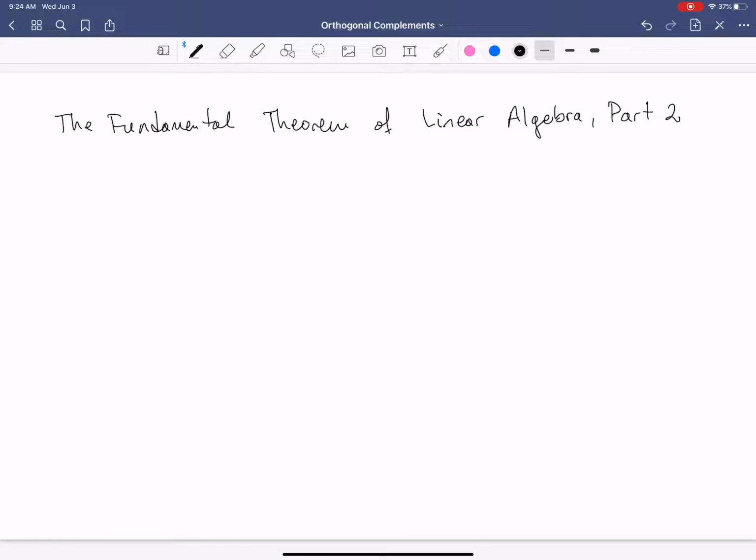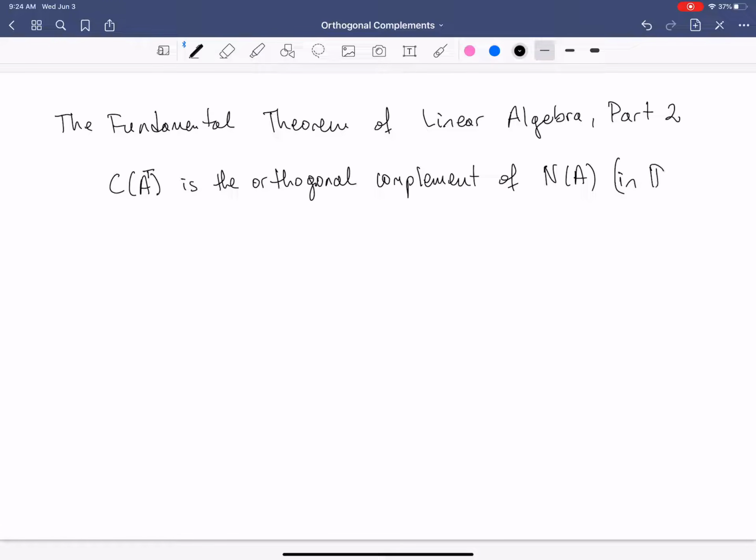Now part 2 tells us a little bit more. It tells us that the row space of A transpose is the orthogonal complement of the null space of A, and all of this is happening in Rn.